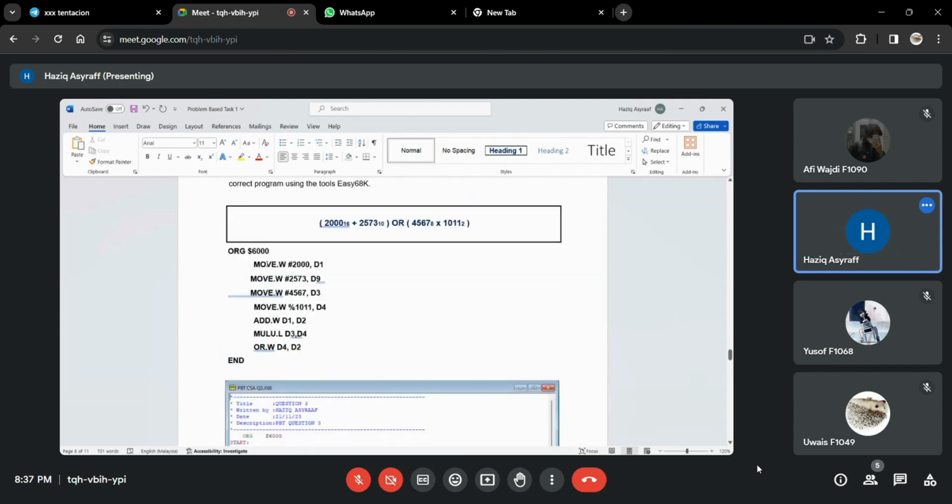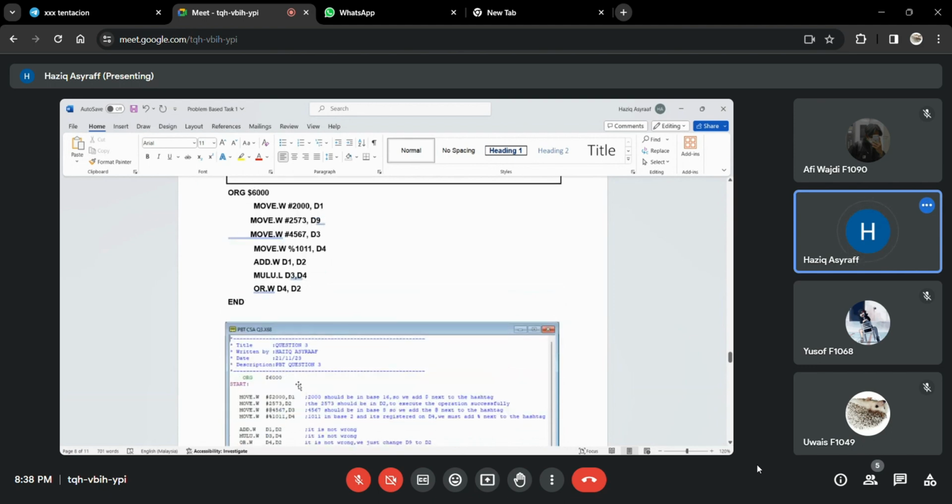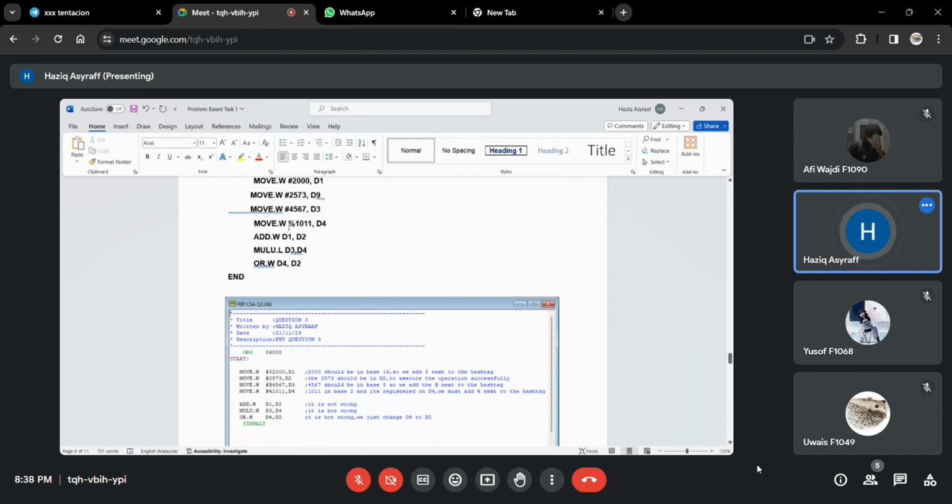And the third one is in this D3 in this command. 4567 is in octal. So I just add the at sign beside the hashtag because we must use the at sign for octal numbers in the command.